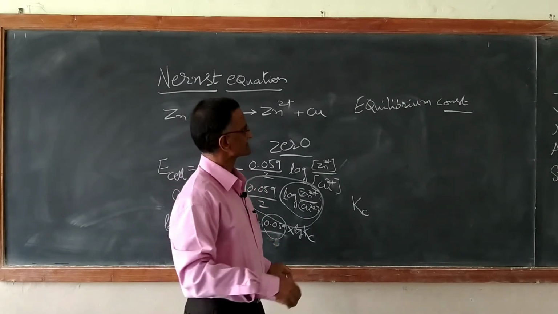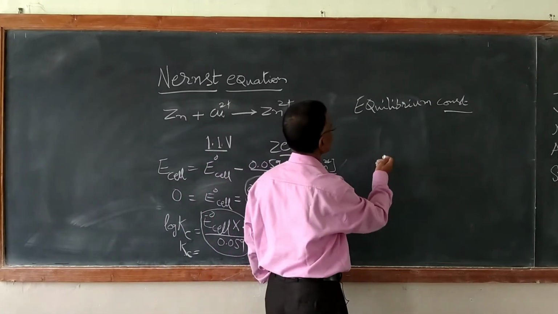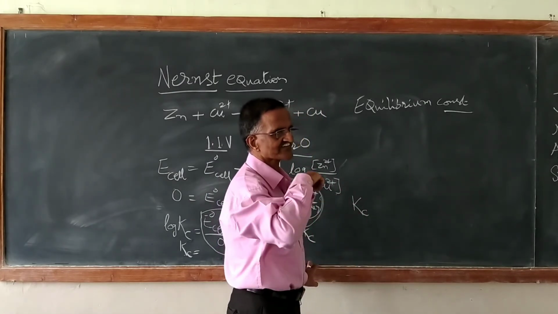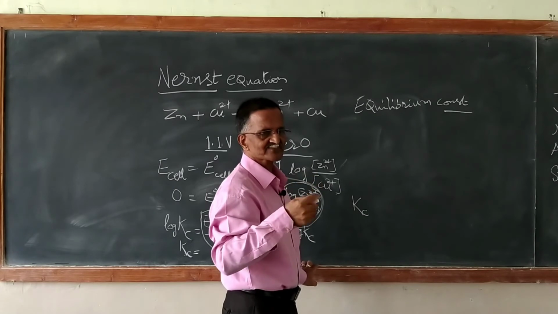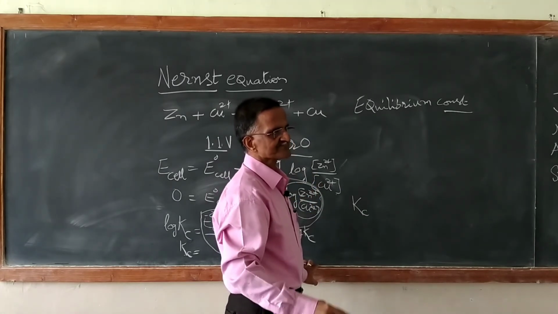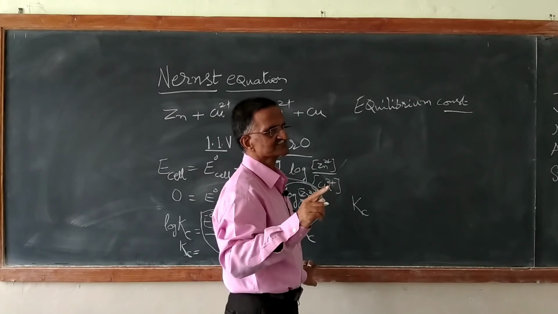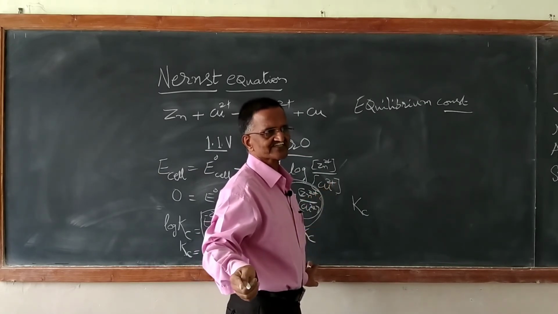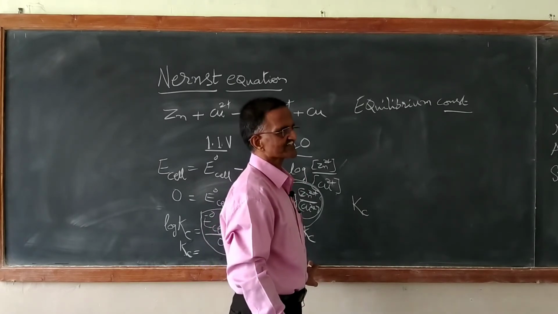Clear? And with the help of the equilibrium constant, last year we had done some other calculations. What is that? Is the reaction taking place spontaneously or non-spontaneously? How to tell that?